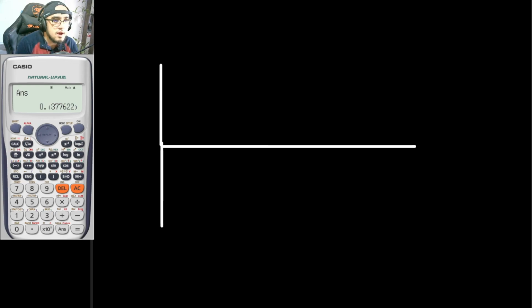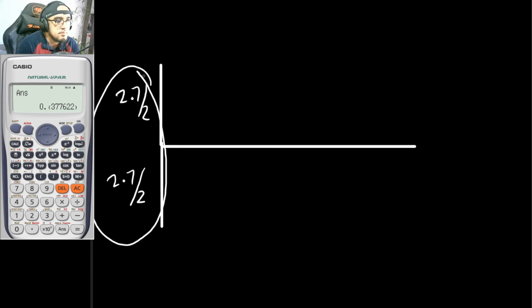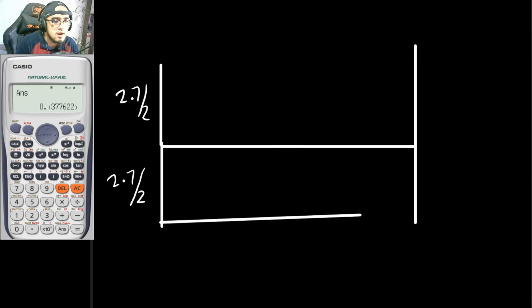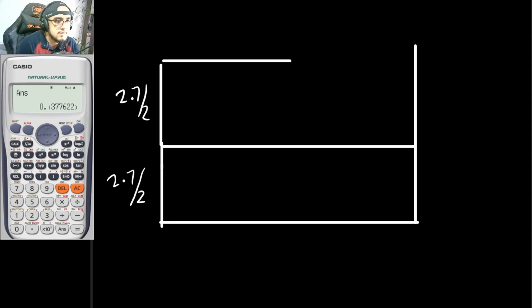So kung ito yung beam natin, ito yung tributary width sa kabila, ito yung tributary width sa kabila. So dito, 2.7 over 2 and ito 2.7 over 2. So if you would be adding them, the whole of this tributary width would be 2.7.